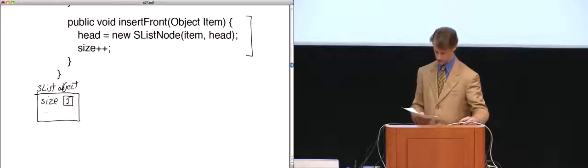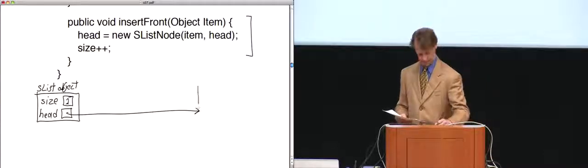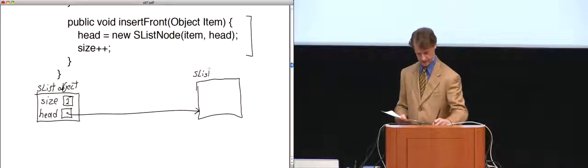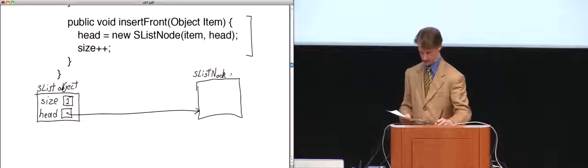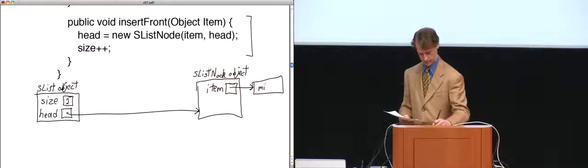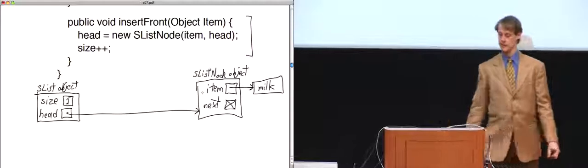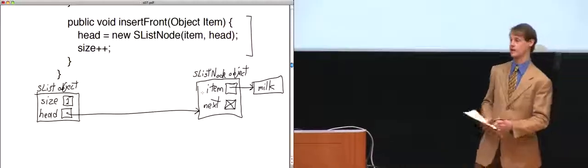Let's suppose there's one thing in your list. The SList head points to this SListNode object, whose item is milk, and whose next field is null. And that's what a list looks like when it has one item in it.